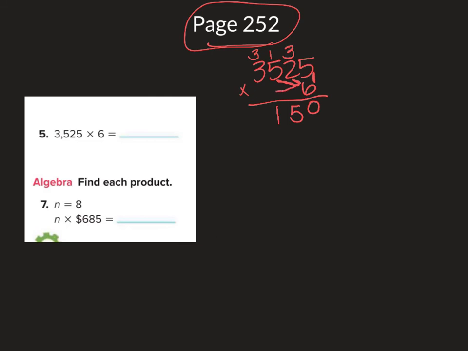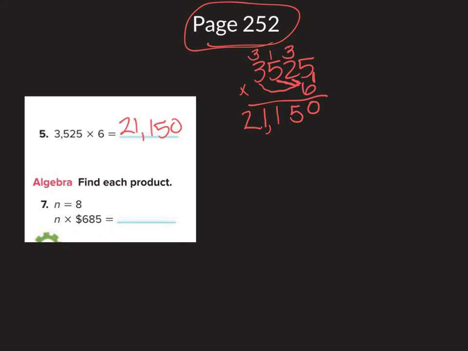And then lastly, 6 times 3 is 18, plus 3 more is 21. So my answer is 21,150.